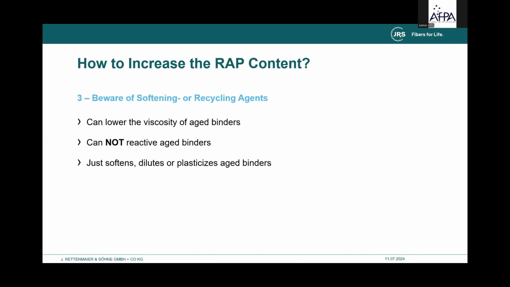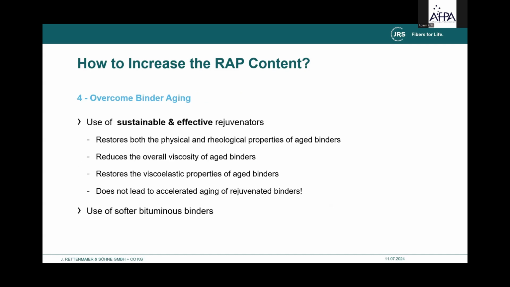Beware of softening agents or recycling agents, because they can just lower the viscosity of the aged binder. They definitely cannot reactivate it; they are just softening, diluting, or plasticizing it. So how to overcome the binder aging, which automatically leads to the potential of increasing RAP in asphalt mixes?